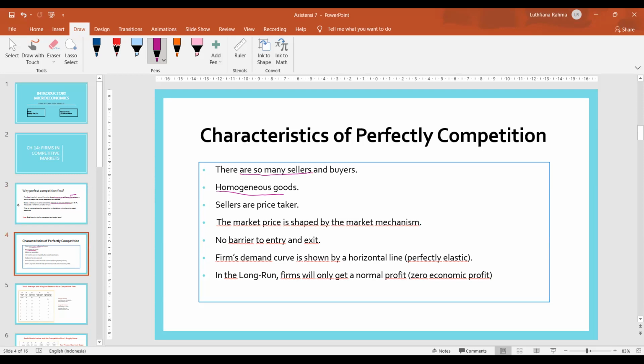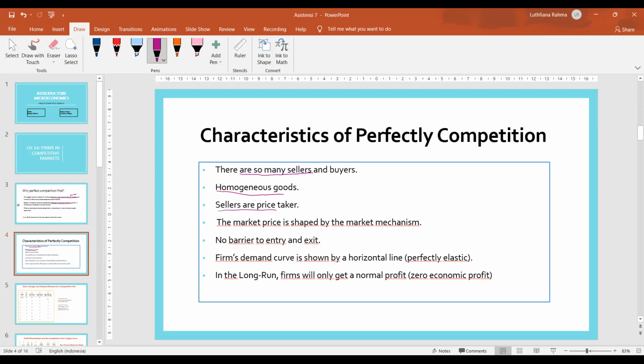All is the same. So seller A sells literally the same good as seller B, seller B sells the same good as seller C, and so on. Many sellers sell homogeneous goods.